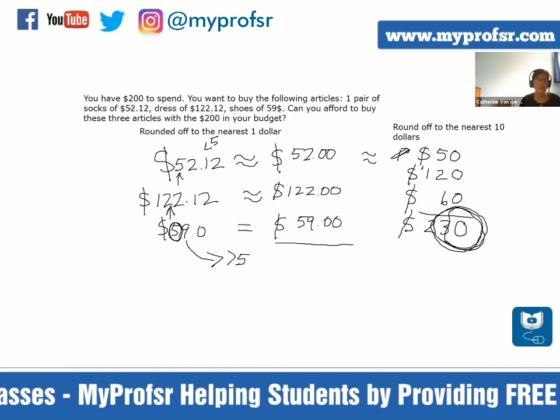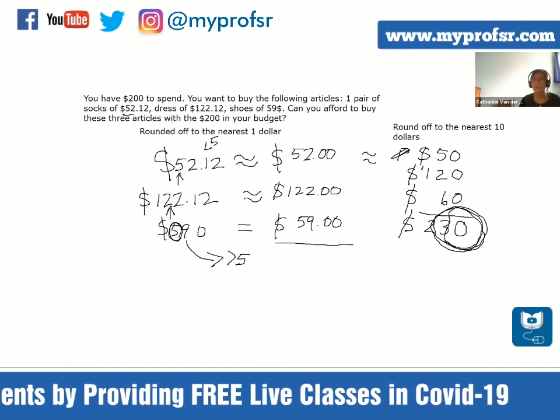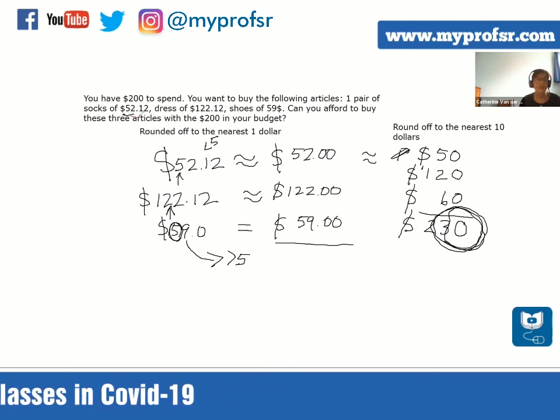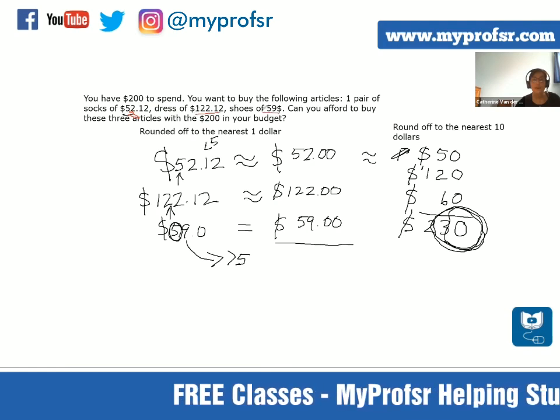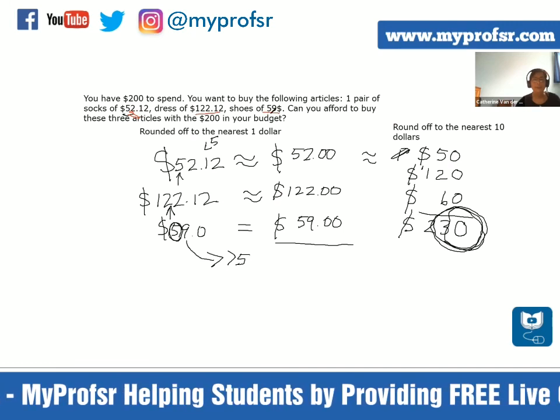So the socks cost 52.12. The dress is 122.12. And the shoes are 59. So which one should I put back?